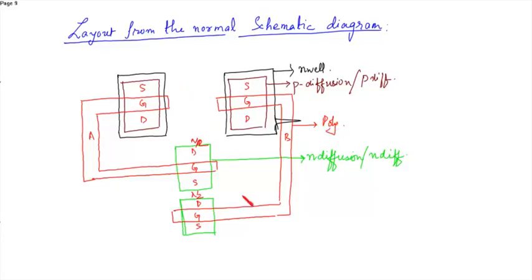Now after connecting the corresponding gates, connect the sources to VDD. The sources of the PMOS are connected to VDD. So this is VDD. This is metal 1. The two drains are shorted.